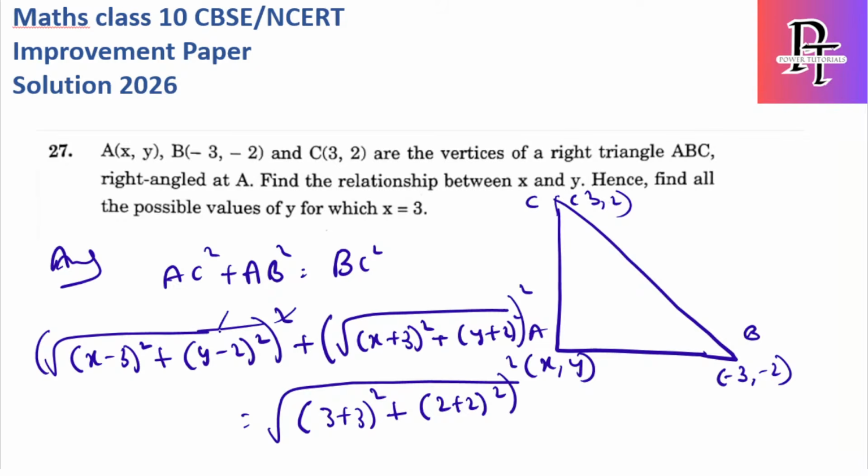The square root and this square cancel out. So what is remaining now?